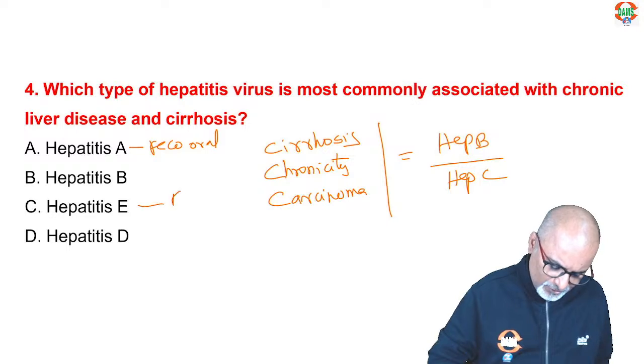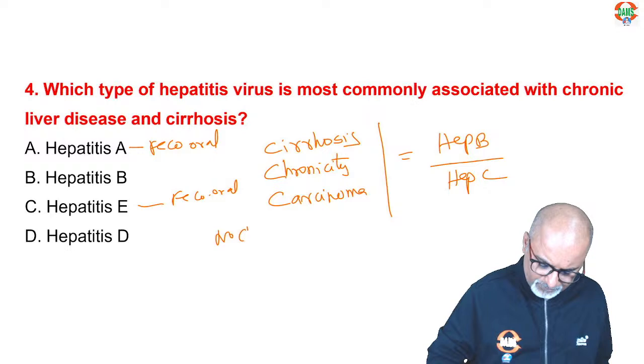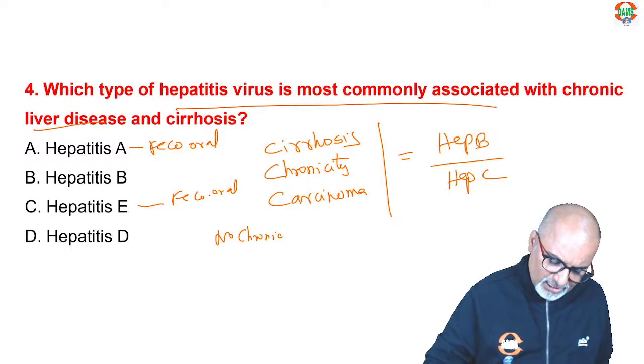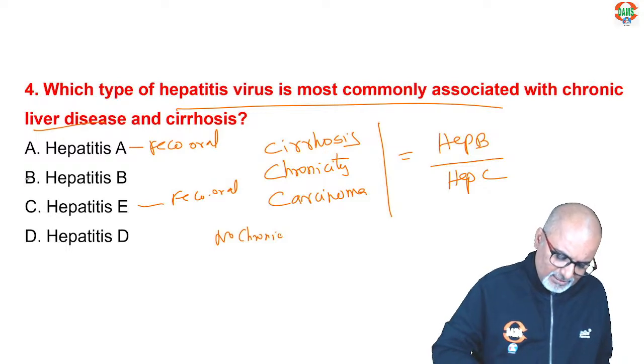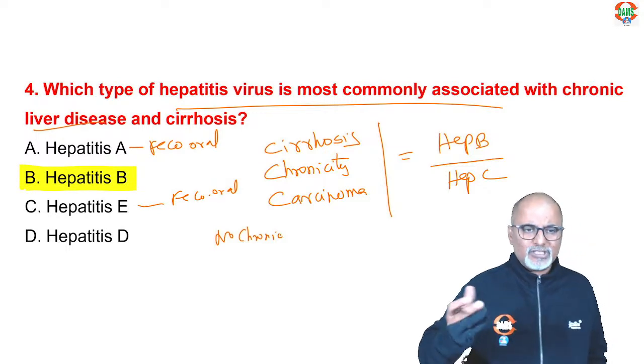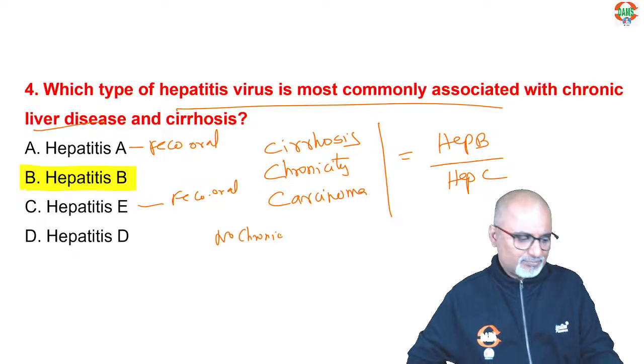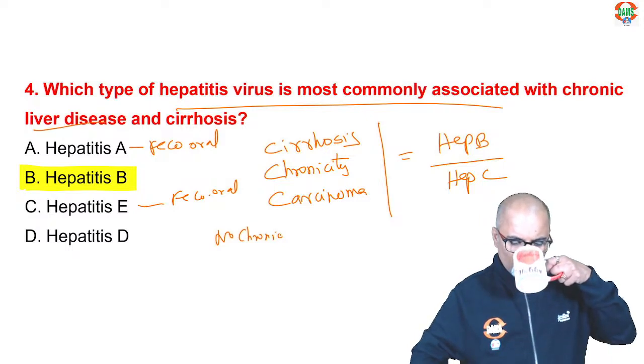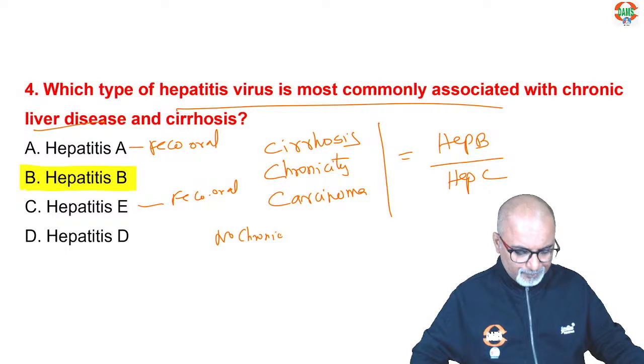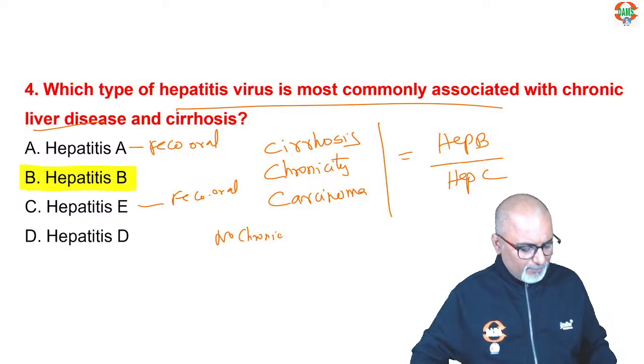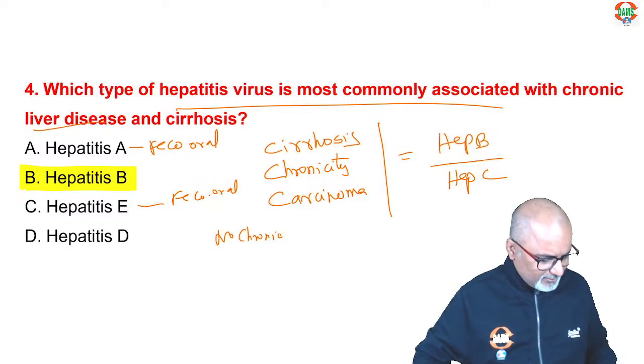Hepatitis E, fecal-oral, no chronicity. For chronic liver disease and cirrhosis, one is hepatitis B, another one is hepatitis C.